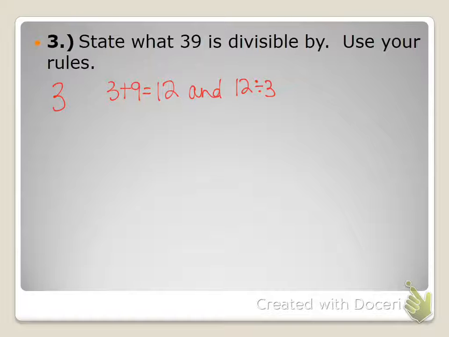No, when we take the sum of the digits we got 12, is 12 divisible by 9? Nope. Last one to check is 10. No, why not? One's digit isn't a 0, so that's the only number that belongs on our list. Questions about what's going to be a factor of 39?